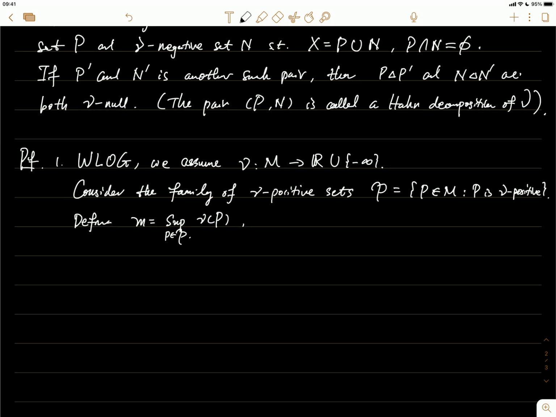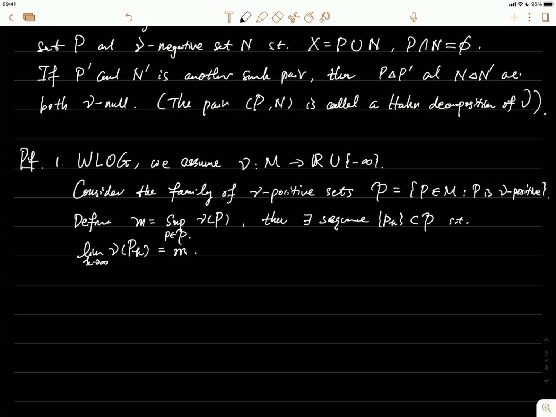Then because this is a supremum, we know that there exists a sequence Pk from this family such that the limit of nu(Pk) goes to this M, right? Because it is a supremum.